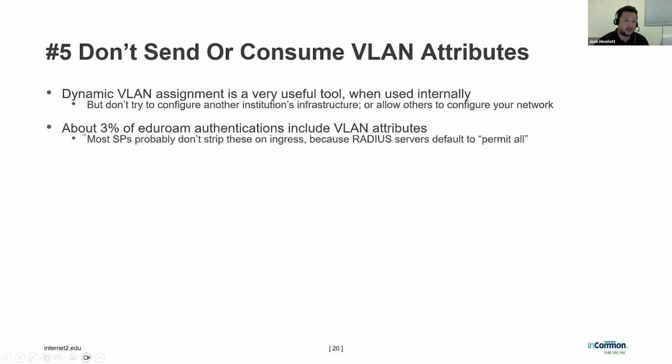So today, about 3% of eduroam authentications include these VLAN attributes, and really they shouldn't be sent at all, because the VLAN attributes, typically speaking, have got no meaning outside of the context of a particular campus. So no one else can use this information.